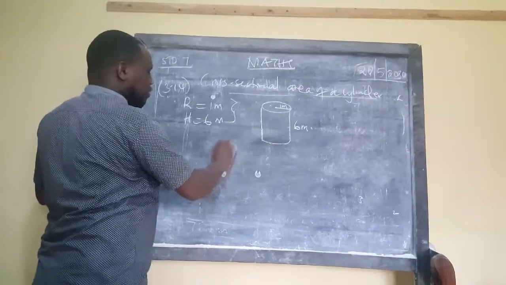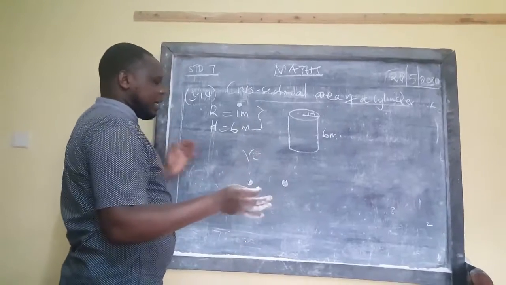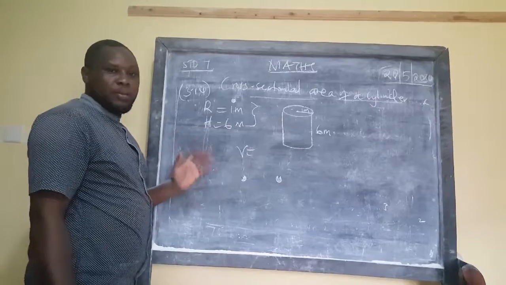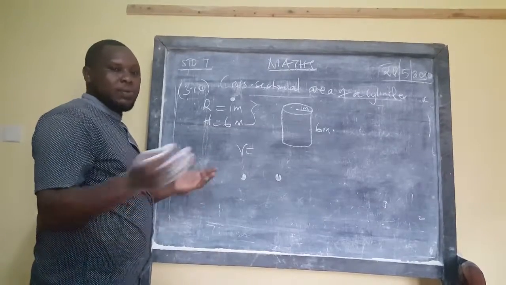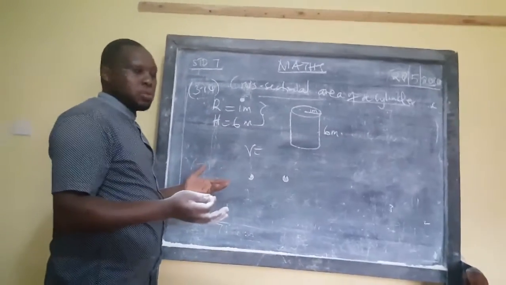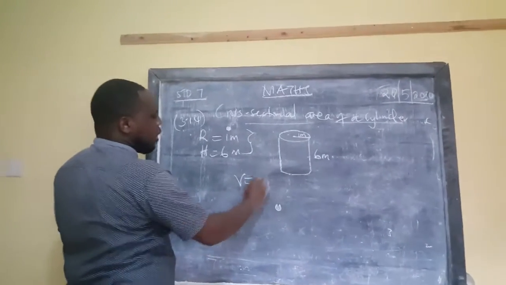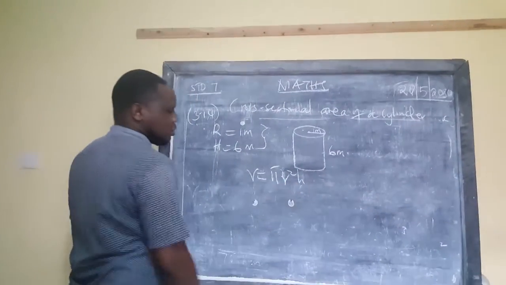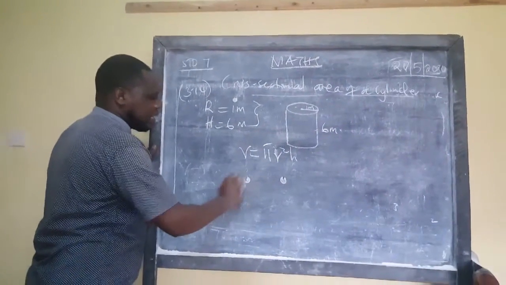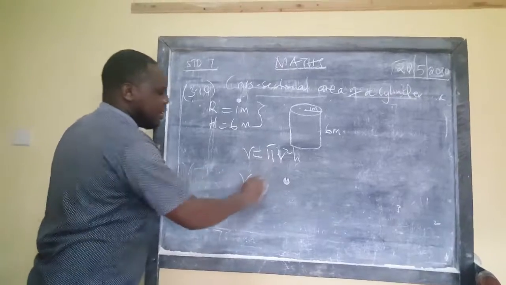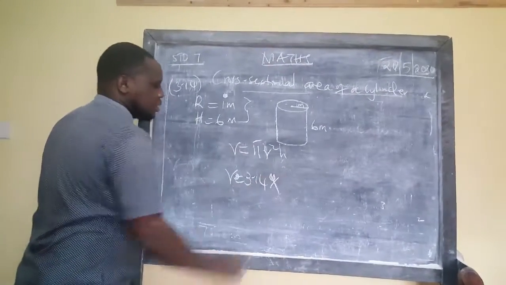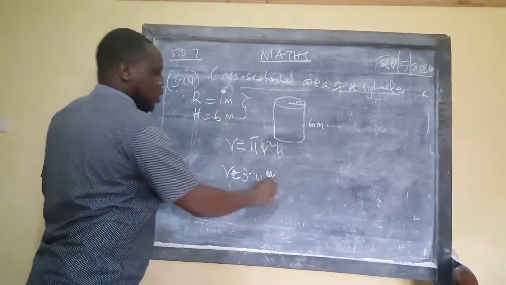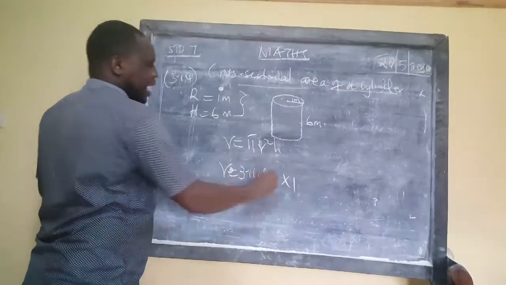So we come and say our volume is given by, we just start by giving the formula. You cannot start any question without a formula, because that's just like walking aimlessly without a direction to go. So our volume is equal to pi r squared h, which is height. So we come and replace here. Volume is equal to pi, what is our pi? 3.14 times, this means times, you multiply everything here. Radius squared, the radius is 1 times 1, then times height, 6.